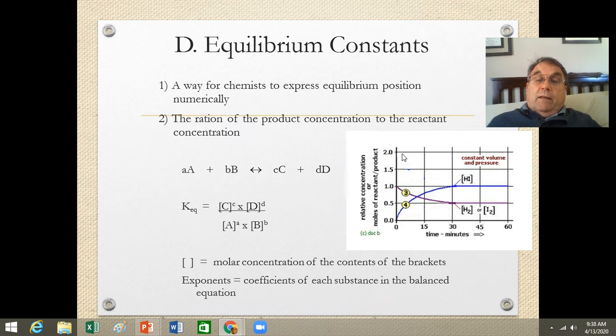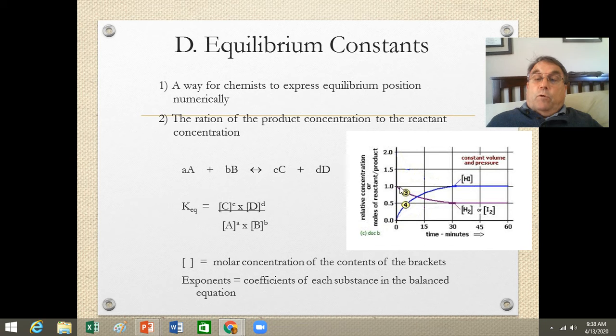Well, at the beginning of the reaction, we have all reactants. So hydrogen and iodine are the reactants, and it looks like there's 1 molar concentration, or one mole, of each of these. And there's no product.